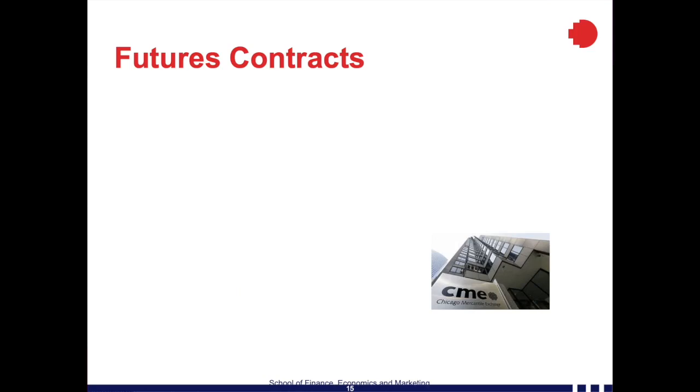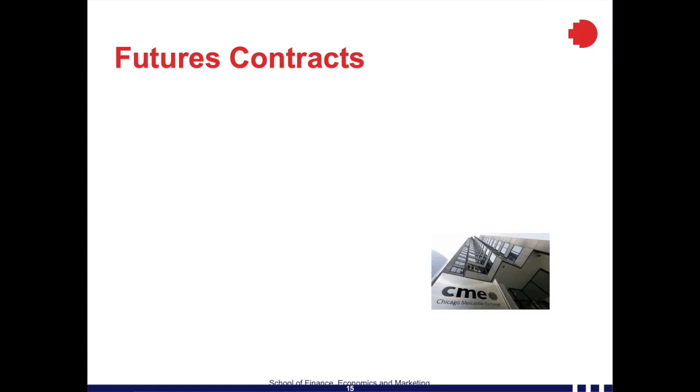Because of the lack of liquidity and the difficulty of finding a counterparty, people came up with futures contracts. They thought, why don't we standardize the contract? In that way, there will be more liquidity in the secondary market. If you want to sell the contract, it is easy to find somebody to enter into it. There is more liquidity if we standardize the contract. And standardization is the main distinction between forward contracts and futures contracts.